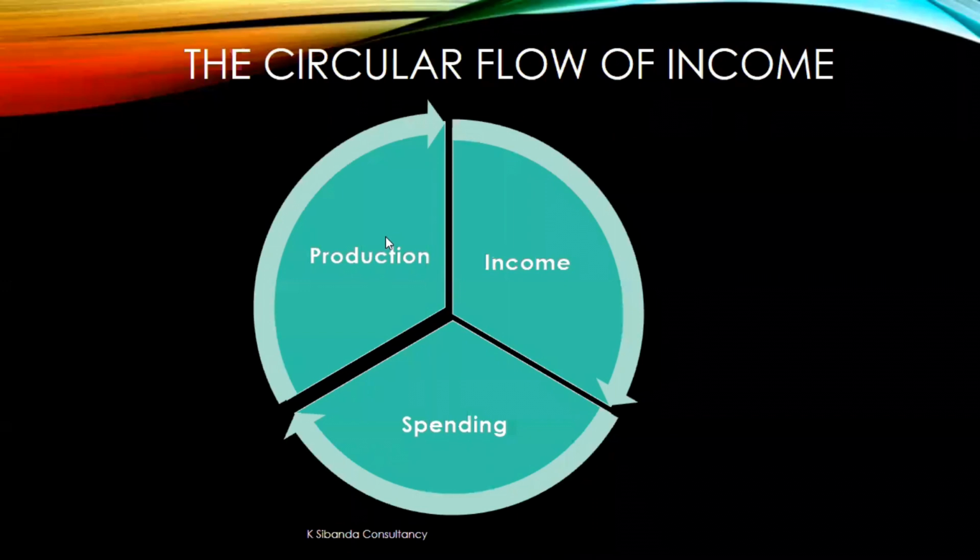The producers buy from the factor market and then they pay wages, salaries, interest, all the rewards of the factors of production. So these people earn the income. Now they use that very income to spend on the goods and services being produced, which means the firms are getting the money, they are selling, they are getting profits and so forth.